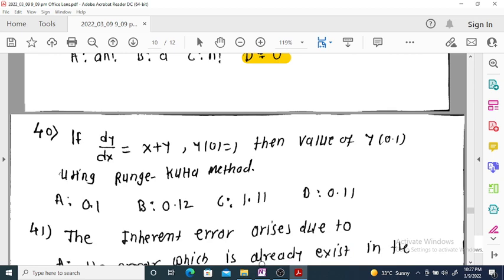Now dy by dx is equal to x plus y, then find the value of y at 0.1 using the Runge-Kutta second order formula.